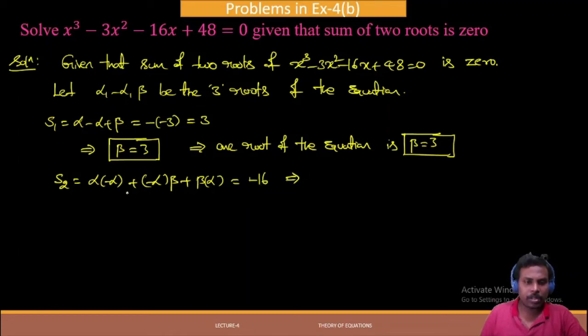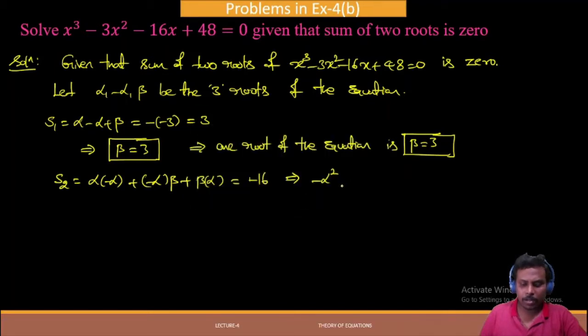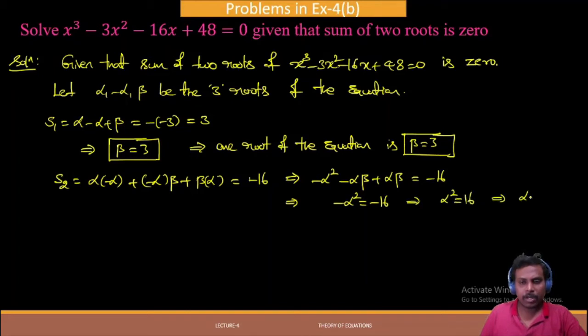So this implies minus alpha square plus alpha beta minus alpha beta is equal to minus 16, implies minus alpha square is equal to minus 16, implies alpha square is equal to 16, implies alpha is equal to plus or minus 4.